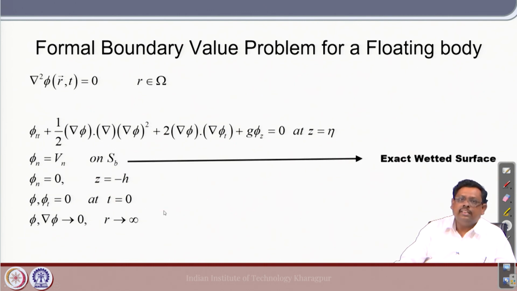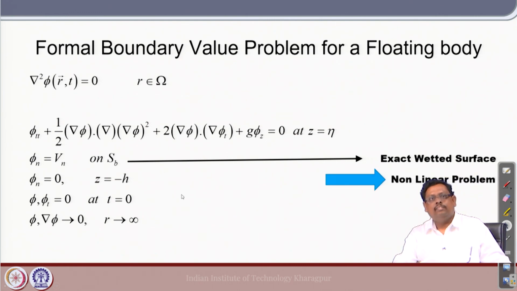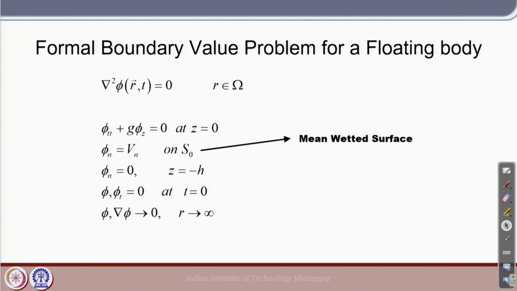Here S_B is called the exact wetted surface, which is exactly the free surface, and we call this a nonlinear problem. In case of a linear problem, everything is the same, only the free surface boundary condition is linearized, and we use S0, which is the mean wetted surface.